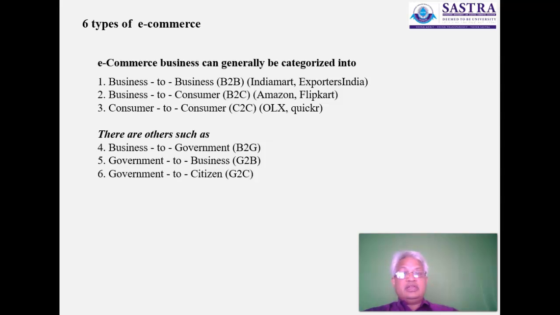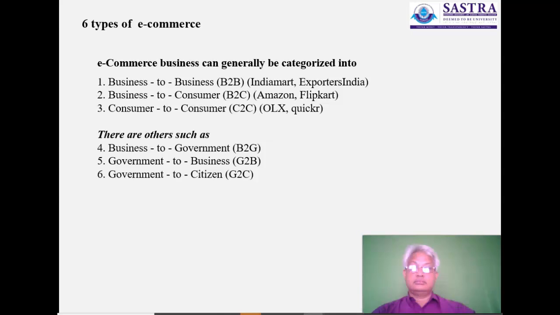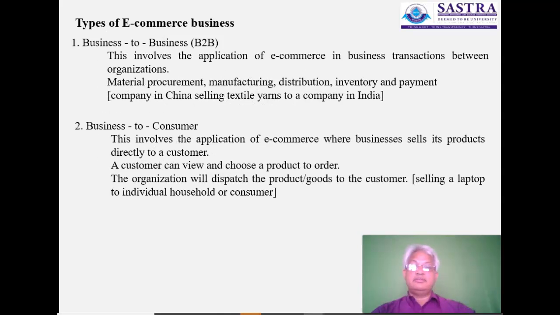Including the above 3, there are a few more, such as business to government, which you call B2G. Most of you may not be familiar with these terminologies. We'll be discussing these one by one. The 5th one is government to business, that is G2B, followed by government to citizen, that is G2C. So let us see what a B2B business is.